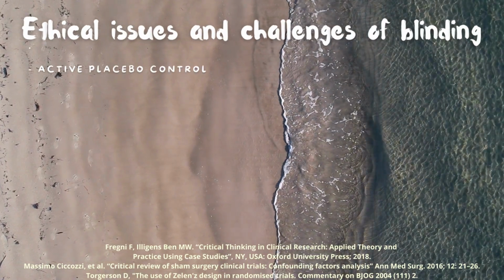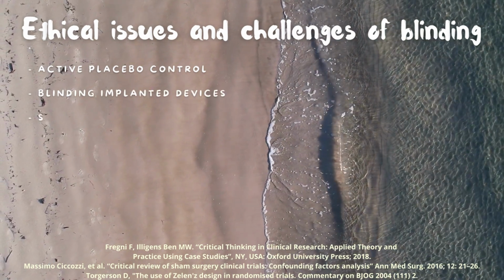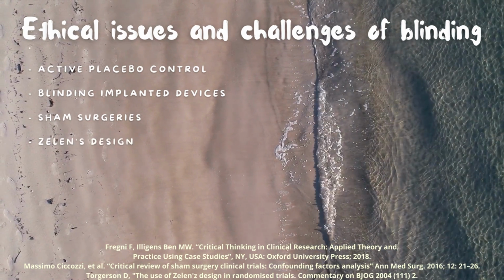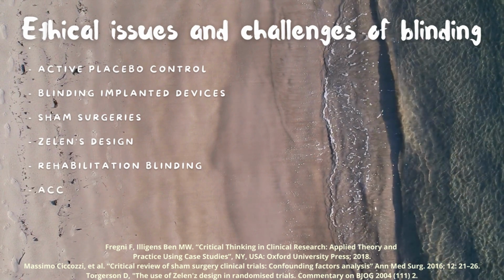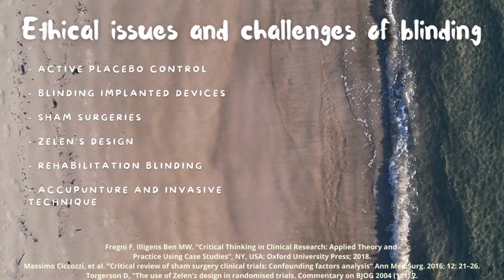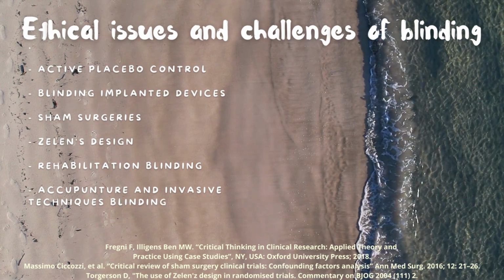Briefly, we're going to describe different ethical issues and challenges within blinding. An active placebo control is a placebo drug which mimics the mild adverse events of a particular experimental drug in the study, in order to seek better blinding and decrease the probability of participants and clinicians unblinding the experimental drug due to its adverse events.